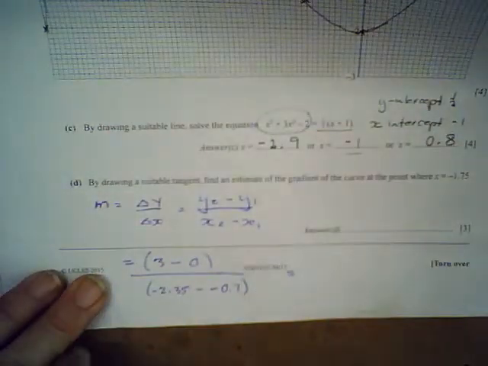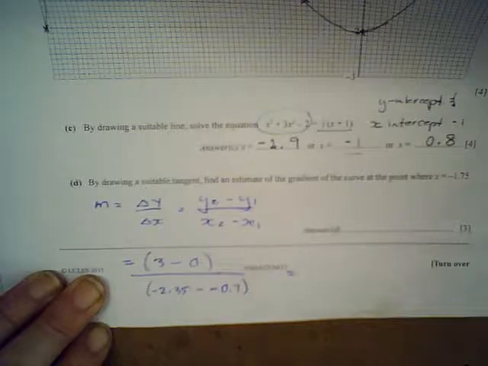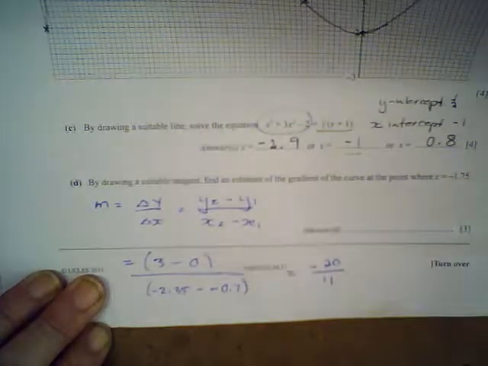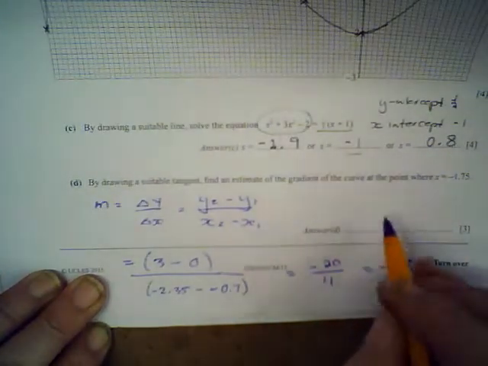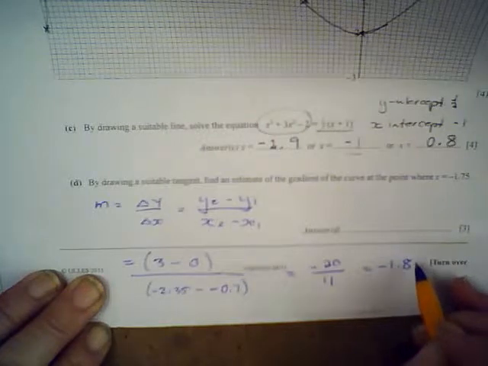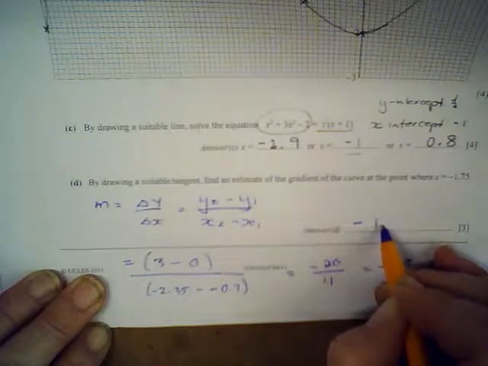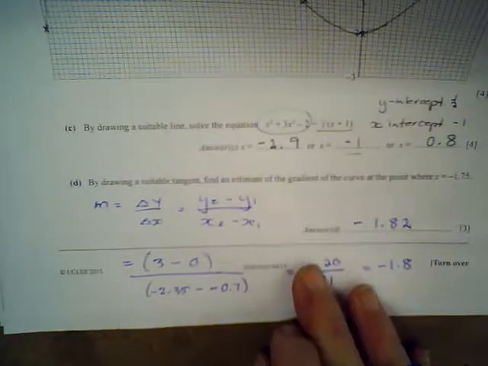Let me quickly tap it in here. 3 in my numerator, negative 2.35 plus 0.7. That would give me negative 20 over 11, an estimate of negative 1.8. Okay, negative 1.818, so negative 1.82 is my estimated gradient of my tangent.